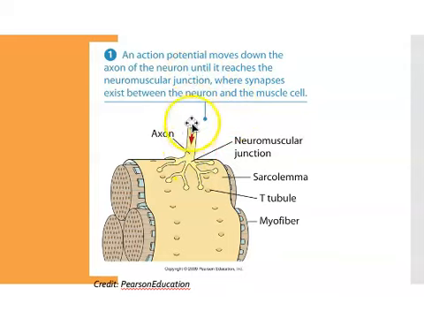This is actually one of the branches of the axon at the end. And then that branch itself branches out when it impacts the membrane of the muscle fiber. These are referred to as terminal branches, and they widen at the end into these swellings that we refer to as knobs.